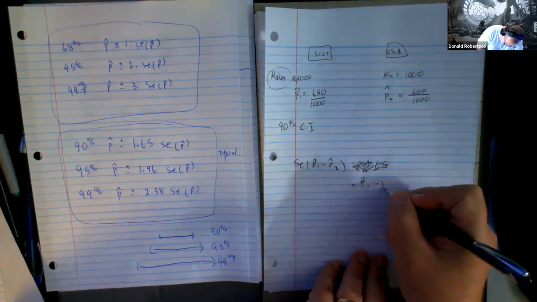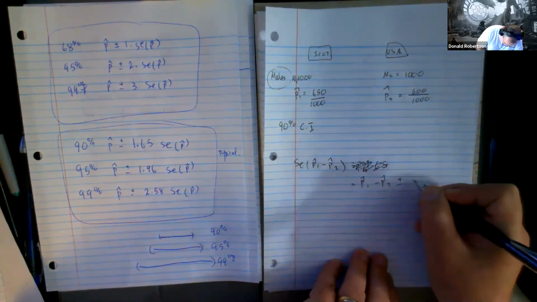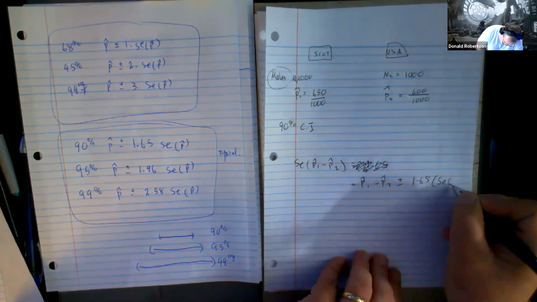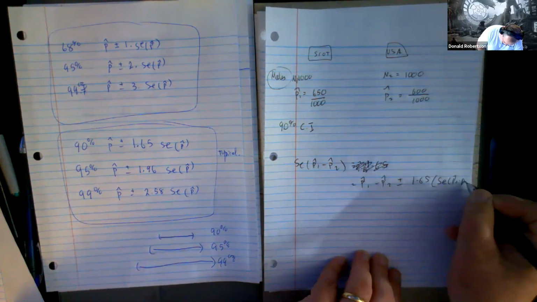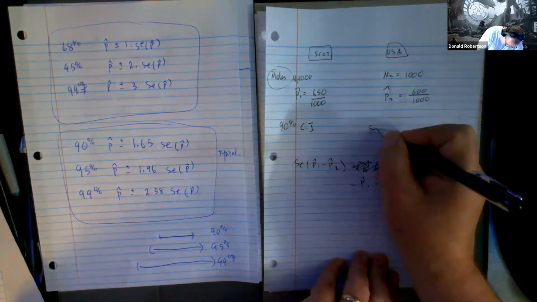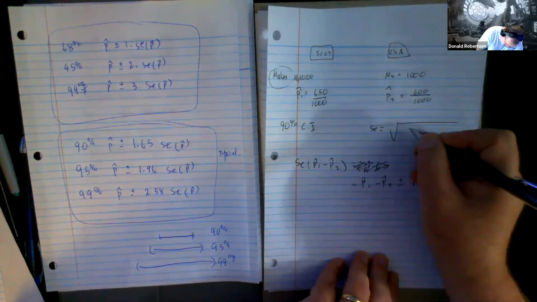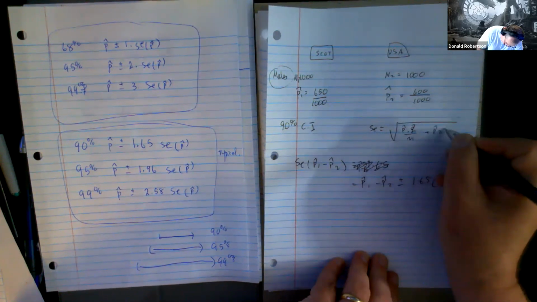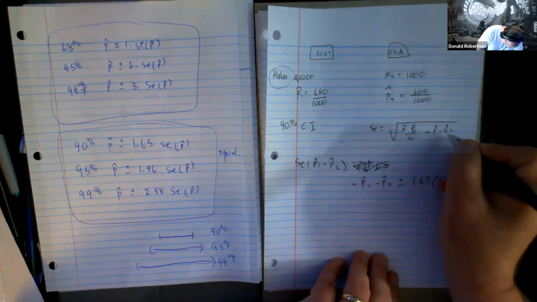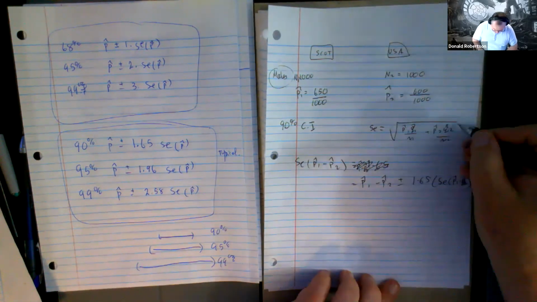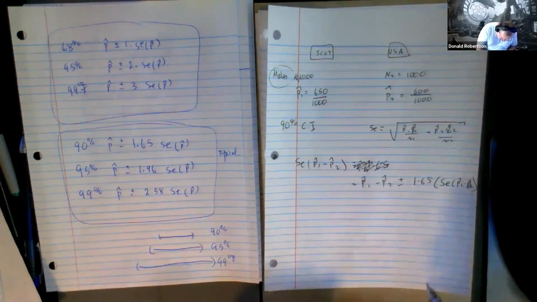P1 hat, take away P2 hat, plus or minus 1.65 times the standard error. And the standard error is that guy. Okay, so you've got 3 minutes from there. No pressure, go for it.